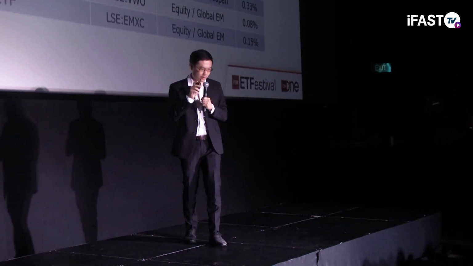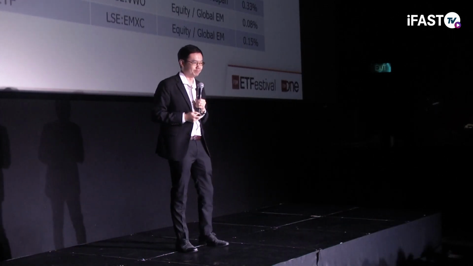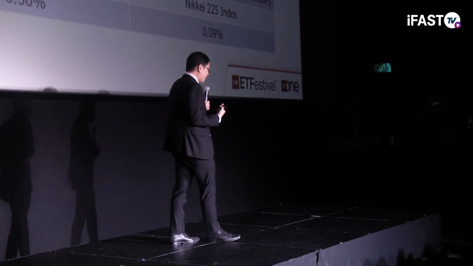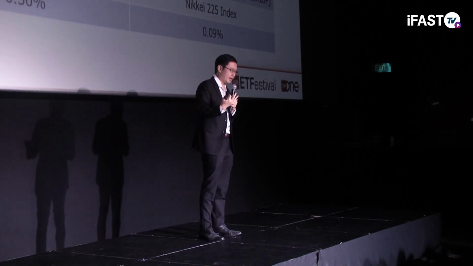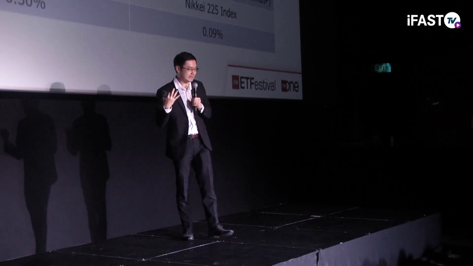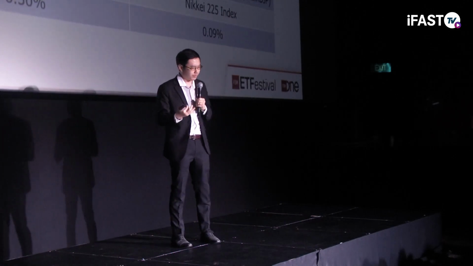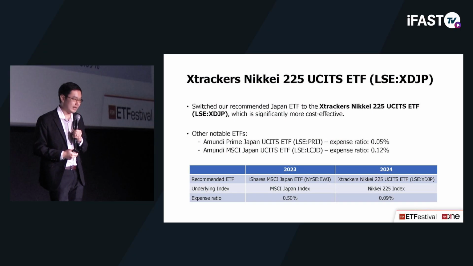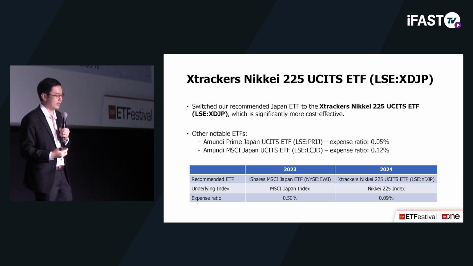So one of the ETFs that we have selected for the first time this year is actually for our Japan ETF category. So last year, our recommendation was actually the US listed iShares MSCI Japan ETF. But this year, we've actually changed our recommendation to the one by Xtrackers, the Nikkei 225 ETF, which is listed on the LSE.